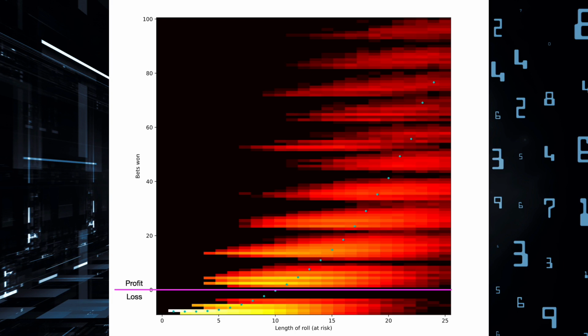The triple Lux strategy makes it fairly tough to recover your initial investment. In fact, for rolls up to length 3, it's not possible to recover anything at all. And you can see that it's not until a roll of length 11 that the strategy makes an on-average profit. If your initial triple hit is on the 4 or 10, which is indicated by the blob here, you have pretty good winnings.